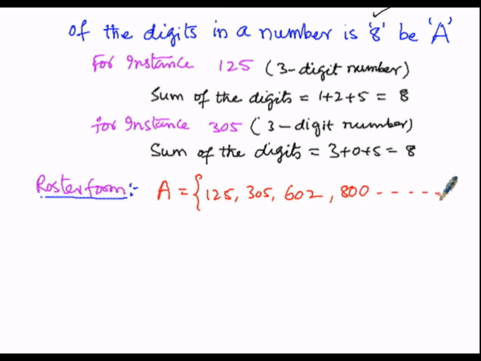There are a finite number of 3-digit numbers whose sum of the 3 digits equals 8.